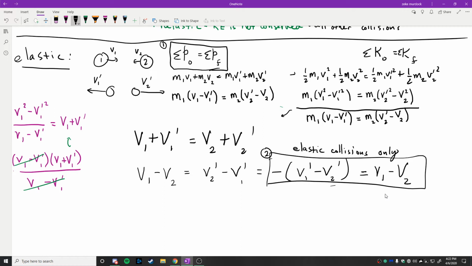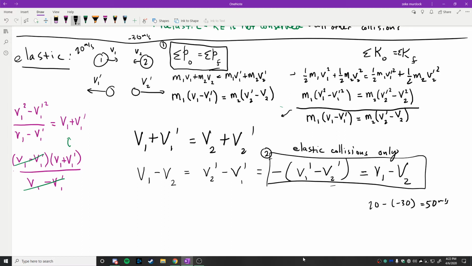Suppose v1 was 20, and suppose v2 is like negative 30 or something like that. If I do v1 minus v2, what would I get? I would get 20 minus negative 30, and I would get 50.